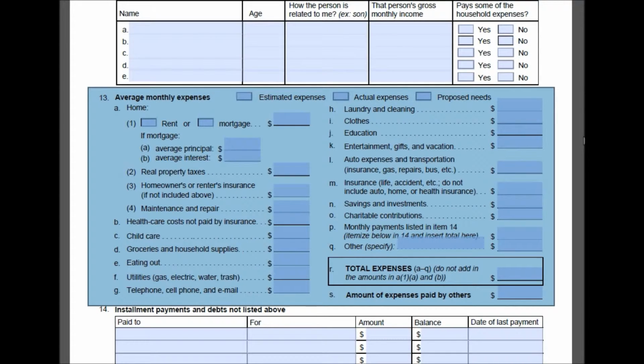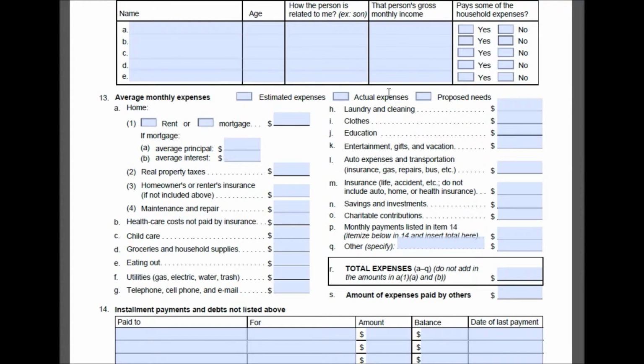The judge will say, "Sir, why do you claim X amount of dollars for education? Do you have proof of that?" If you do, great. But if you don't, you could find yourself in a lot of trouble if the judge is so inclined. Up at the top here, I'm going to highlight that. You have various boxes, and regardless of what you put down, you have to pick a scheme.